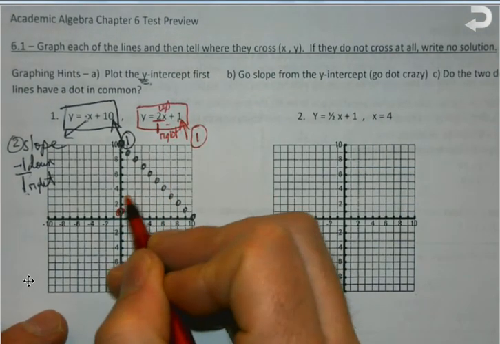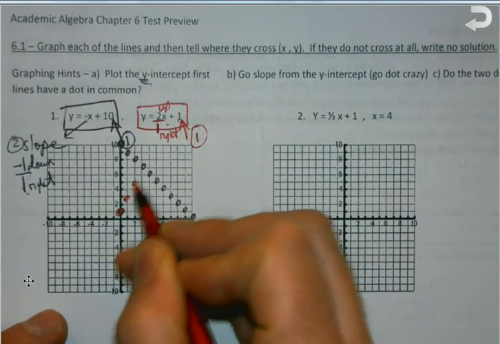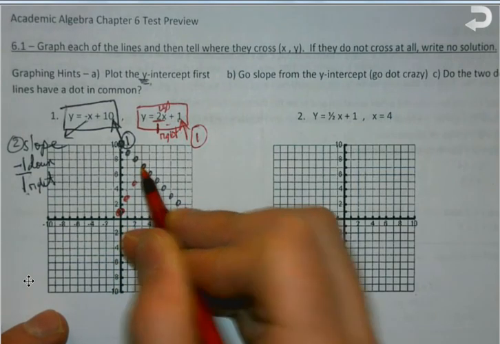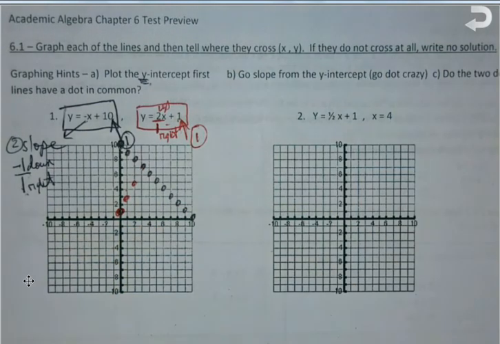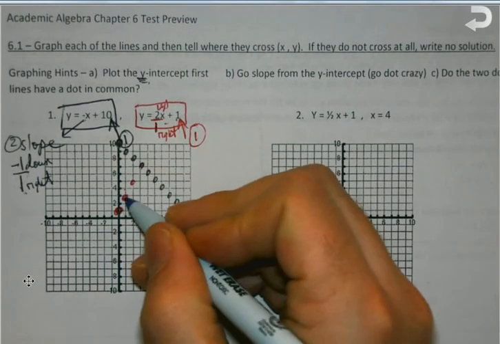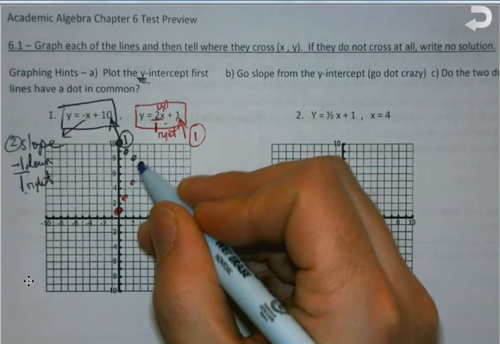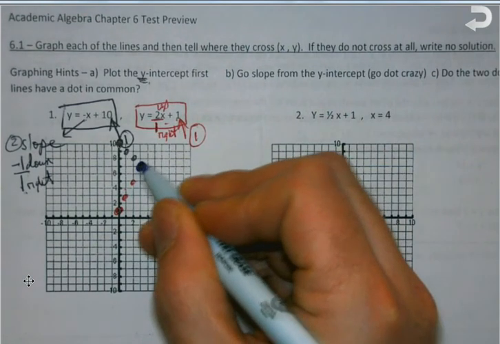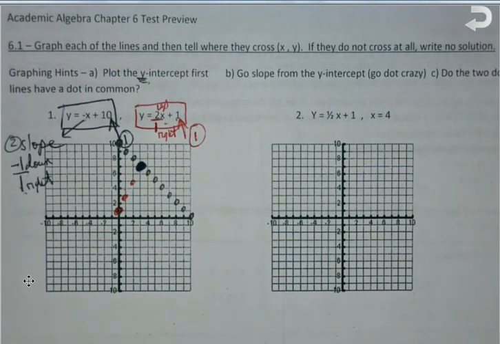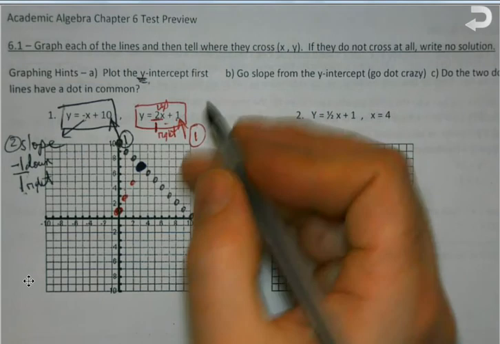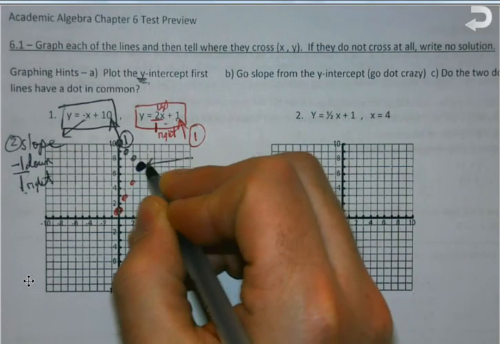So up 2 and right 1, up 2 and right, up 2 and right, and I look up and I'm like, okay, so it seems like I've got a couple of points that have something in common now. Because as I did my up 2 and right 1, all of a sudden I came upon this guy right here, where 2 dots are actually the same for each line. So that is my answer.